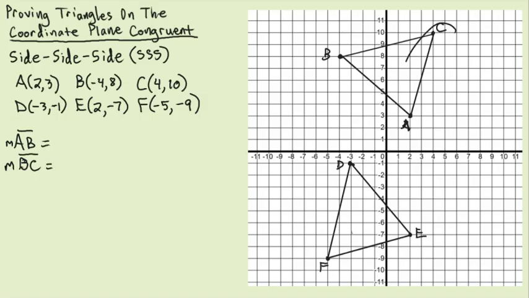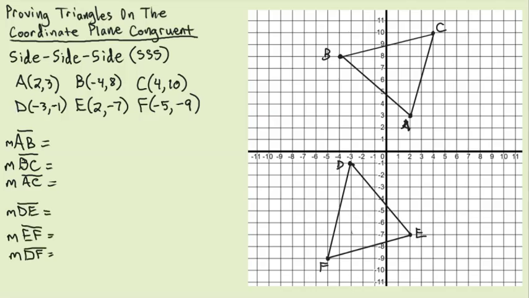And then we need the measure of segment AC, or CA. Either way is fine. I'll call it AC. And then when we have them, we'll organize them shortest, middle, and longest. And then we're going to do the same thing for DE, EF, and DF.